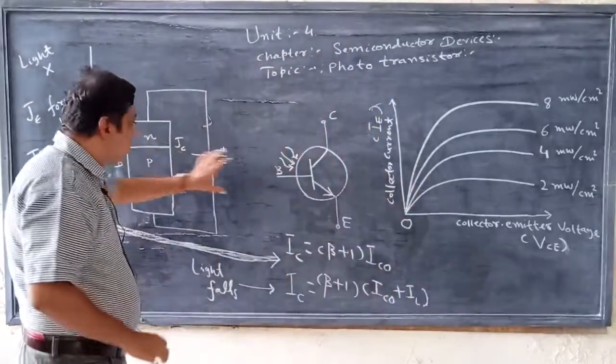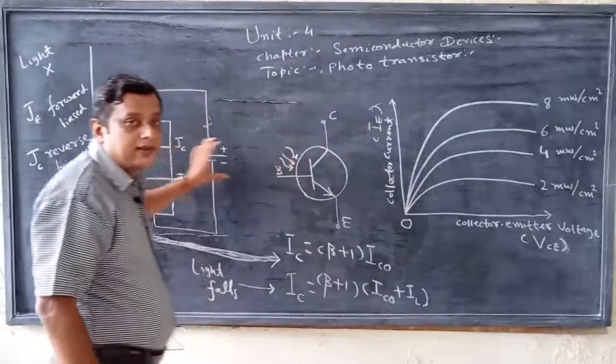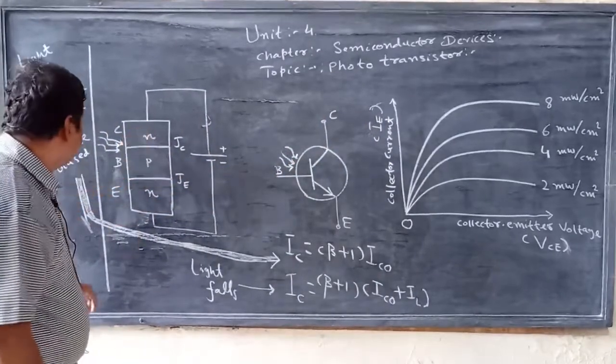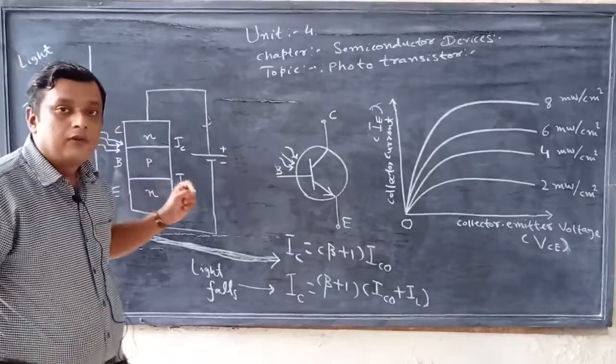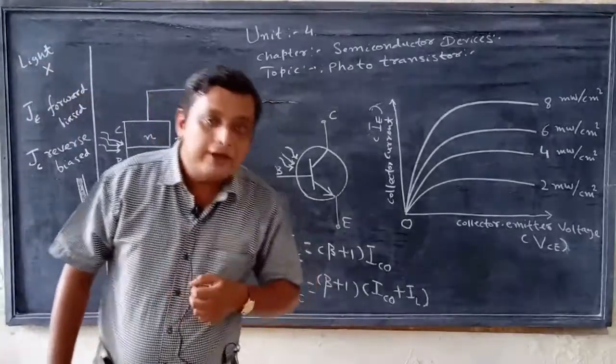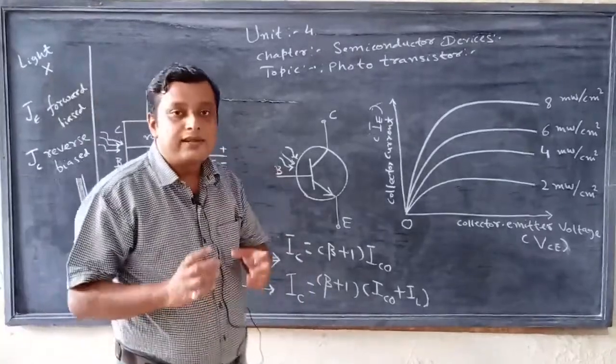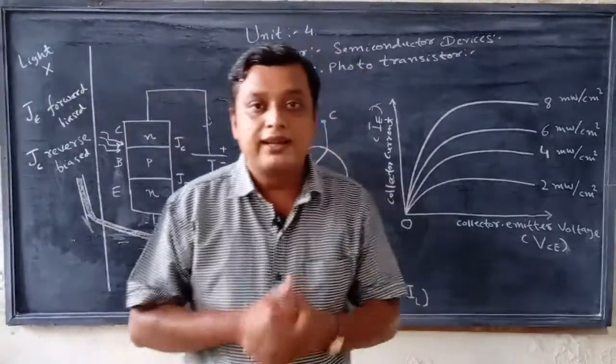So this is a symbol of the phototransistor. This is a structure of the phototransistor. So whenever photons are falling onto this transistor, this light energy is converted to electrical energy.